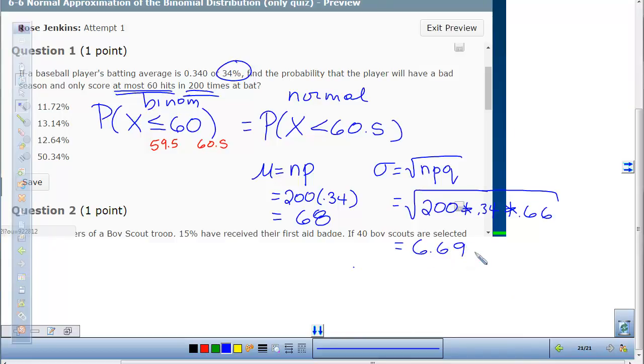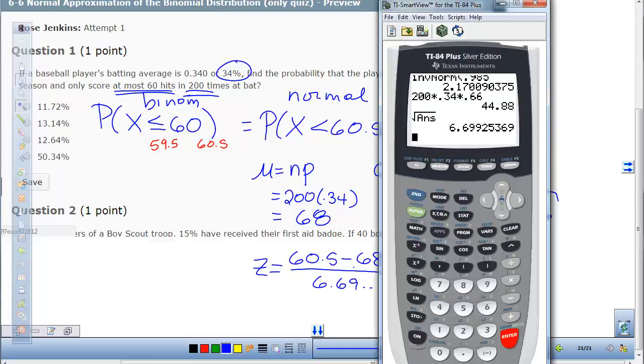So now I can find my z-score. Z is going to be 60.5 minus my mean of 68, divided by the standard deviation. I'm putting these dots because, of course, I can't write out all the decimals, but I do intend to use them all when I do my calculation to minimize any round off error.